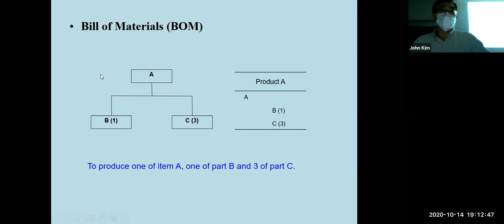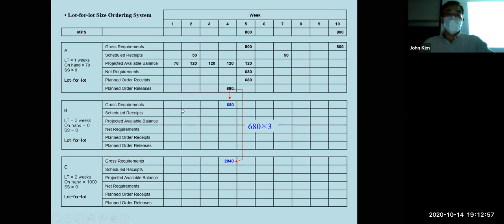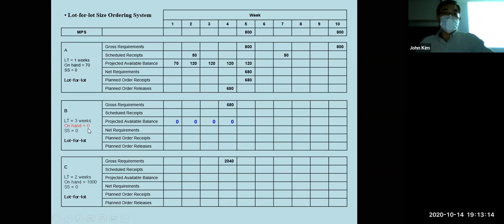And then based on this bill of material, final product A needs 1 B and 3 C. So to produce 680 final products, we need 680 B and then 2040 C because it is times 3. And there is no on hand, so available balance is 0, 0, 0, 0 up to this point. So net requirement is 680.